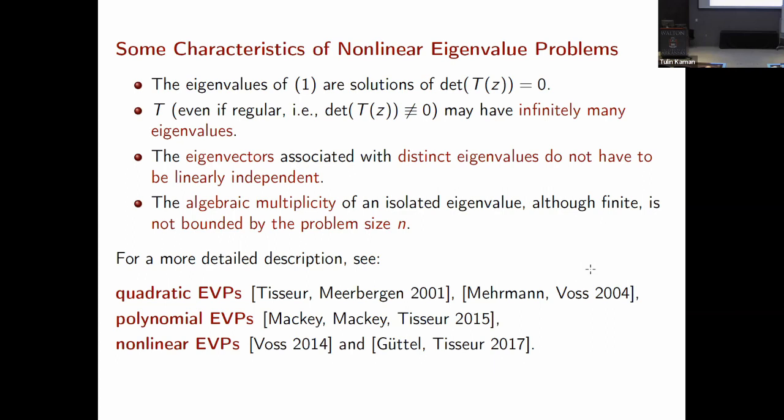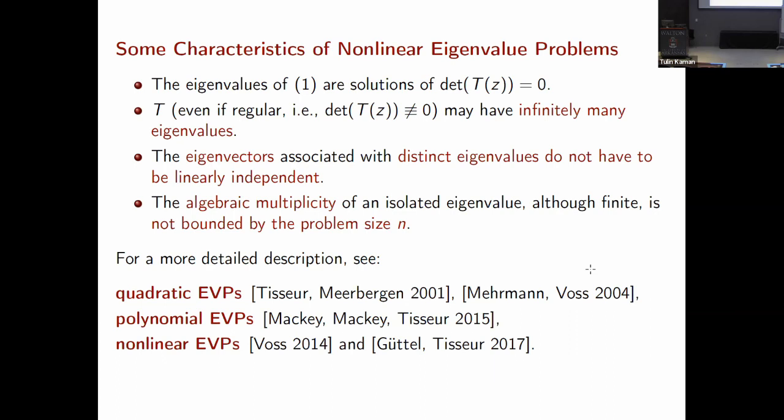Similar to the linear eigenvalue problems, the eigenvalues of the problem are the solutions of this equation. We take the determinant of T of z, which is a matrix valued function, and we determine all the values z for which this is equal to 0, and this is how we get the eigenvalues.